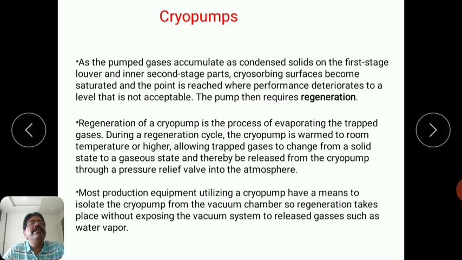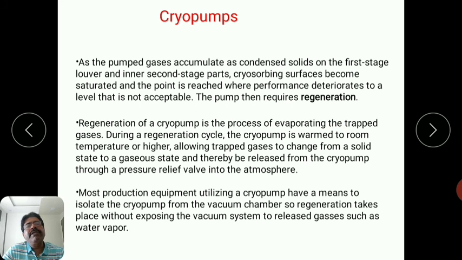The pump gases accumulate as condensed solids on the first stage and the inner second stage part, and the cryosorbing surfaces become saturated, and a point is reached where performance deteriorates. That means no further condensation or sorption is possible. Therefore, the system is saturated, and the pump requires regeneration.